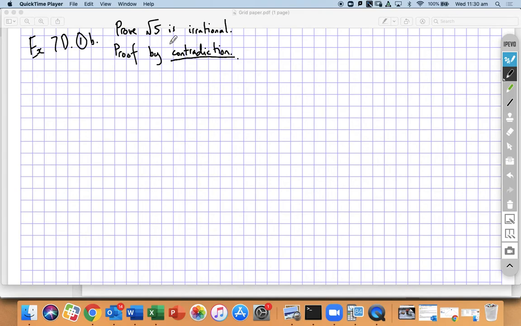If I can show that if I assume that root 5 is rational, maybe write this down, I'm going to assume root 5 is rational, but then if I show that that's impossible, so we assume this, then we show that that causes a contradiction, and is in fact impossible.